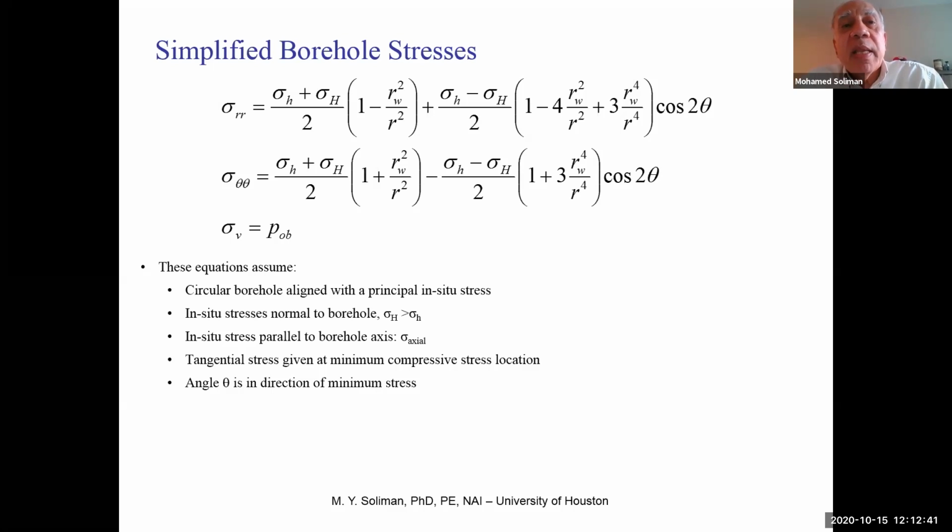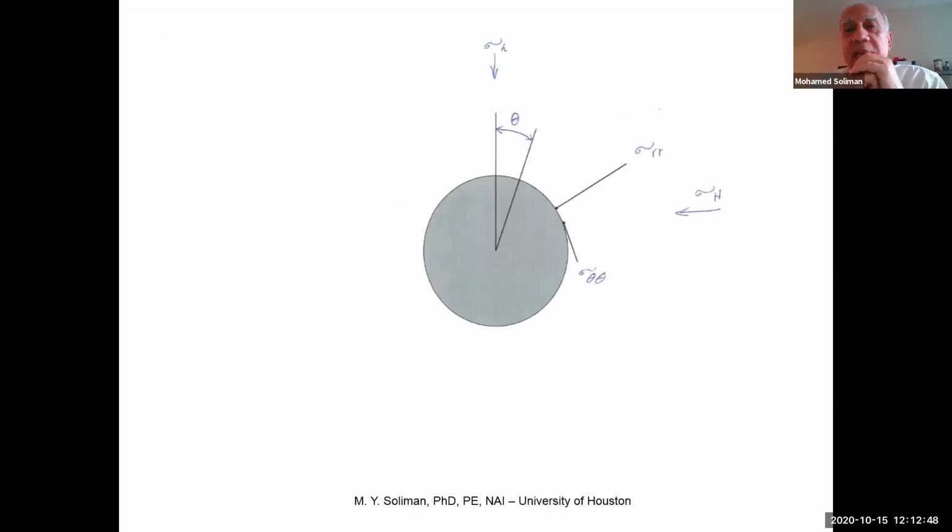So if I have a rock, and let me show you, I did this by hand over the weekend. If I drill a wellbore like this, and the minimum horizontal stress is this way, the maximum horizontal stress is the other way, and I'm looking at the top of the wellbore.